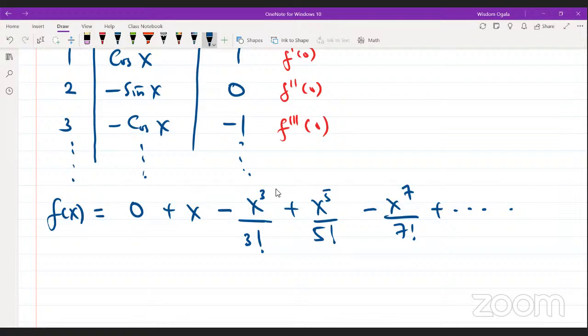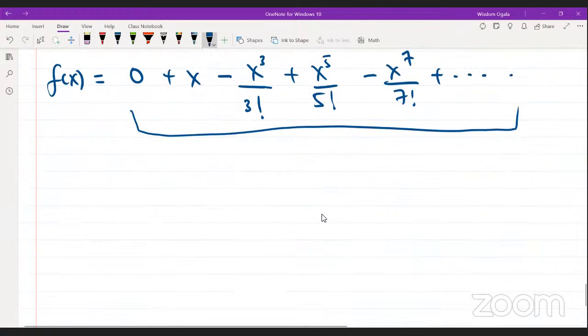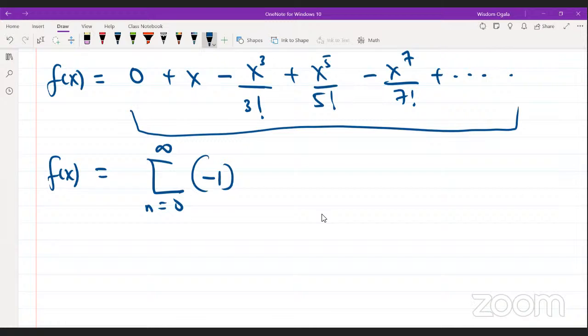Now, I need a closed form expression for this, written in sigma notation. How do I build that? You start with your sigma notation, then you look at the trend. You see that the signs are alternating: plus, minus, plus, minus. So I know that I have a (-1) to some power.